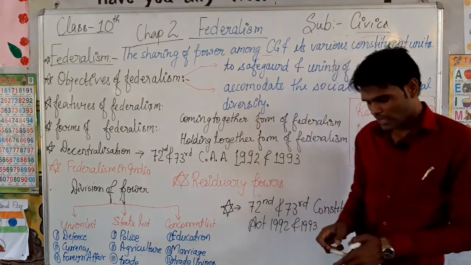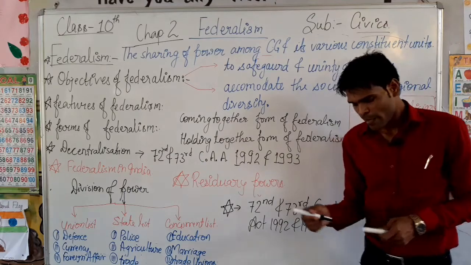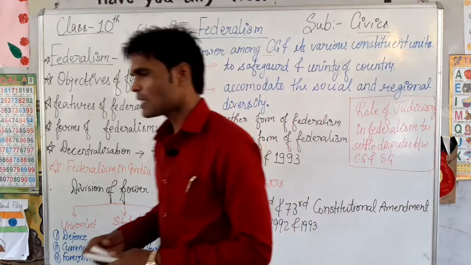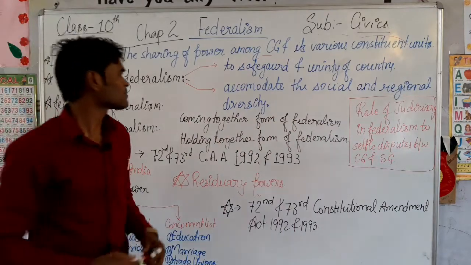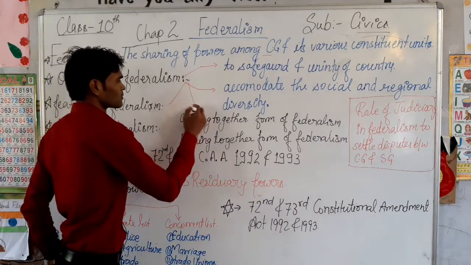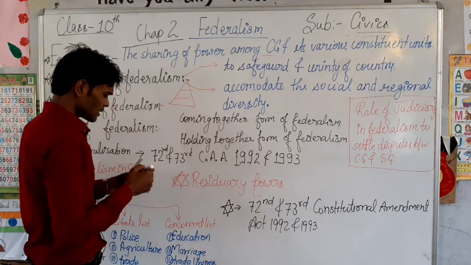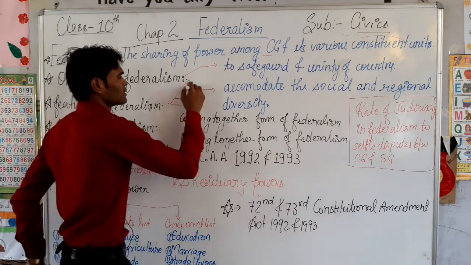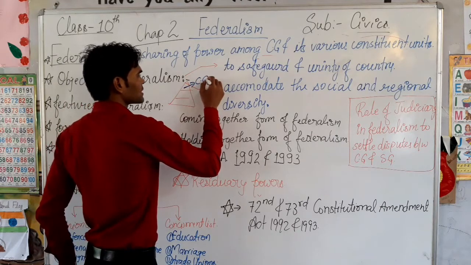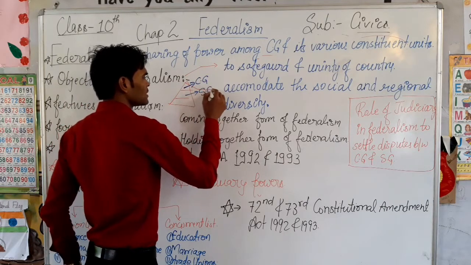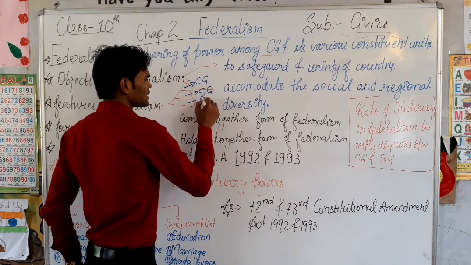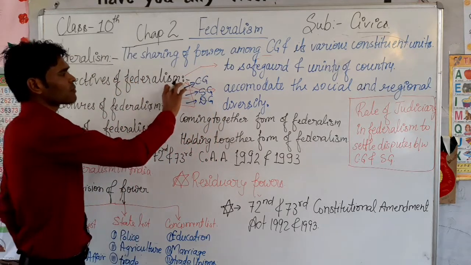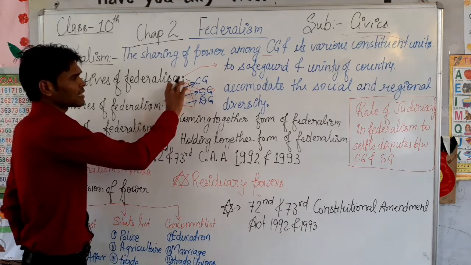As I have told you in the previous session of the first chapter, there exist three levels of government, and these three levels of government are in this way: the central government, state government and local government. CG central government, SG state government and DG, that is the district government or local government. So in federalism three levels of government exist. Sometimes there are two levels of government.